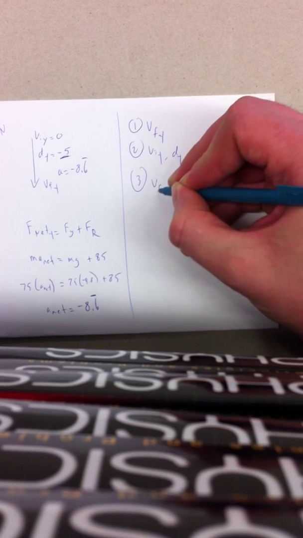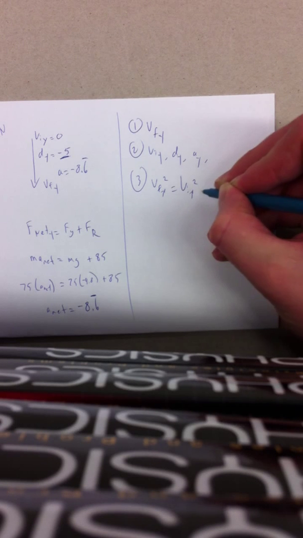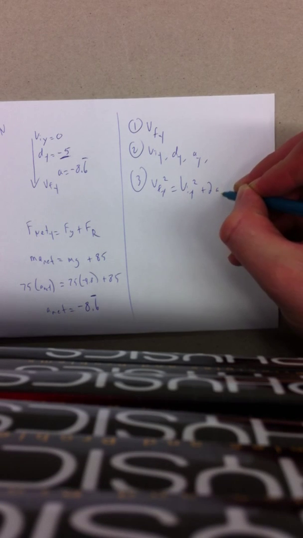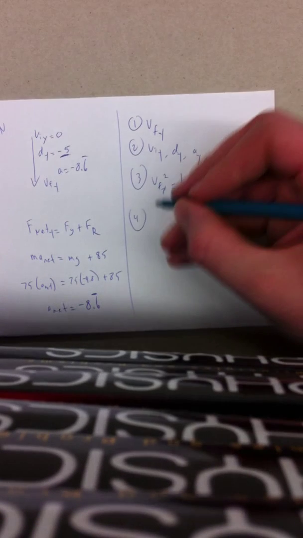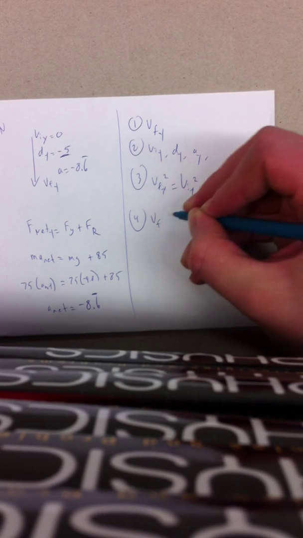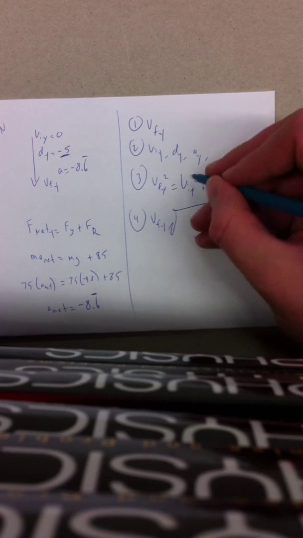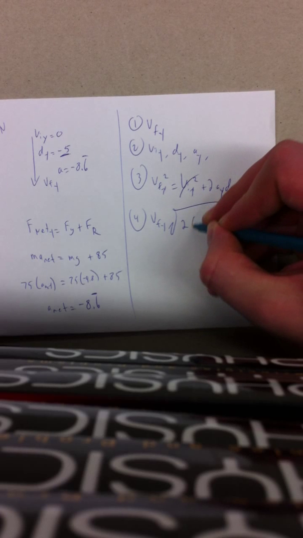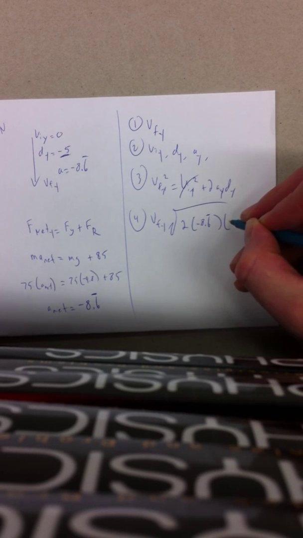Step 3, I'll use VFY squared is equal to VIY squared plus 2 times AY times DY. Step 4, VFY is equal to the square root of, VIY is 0, 2 times negative 8.6 repeating times negative 5.